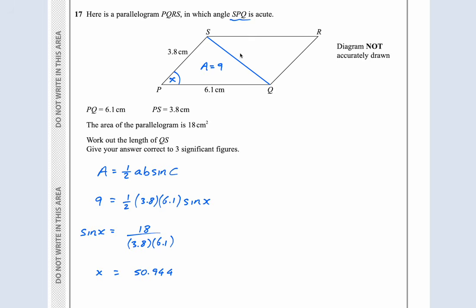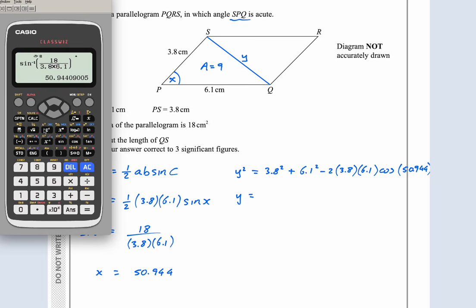So let's call this y now. y squared is equal to, hang on, I might need more room. y squared equals 3.8 squared, a squared, plus b squared, 6.1 squared, minus 2 times this, times cos 50.944. Now guys, that's the cosine rule. Make sure you understand how to do it. And then y is just equal to the square root of all this.